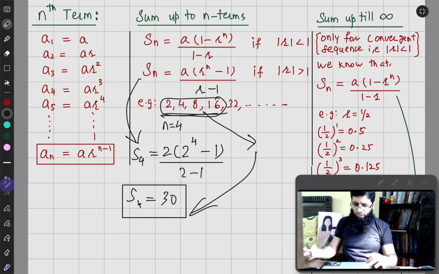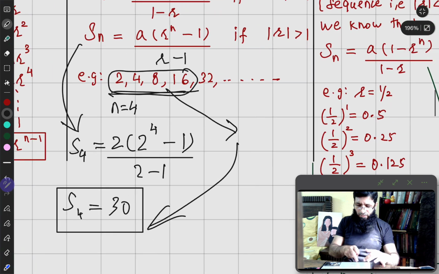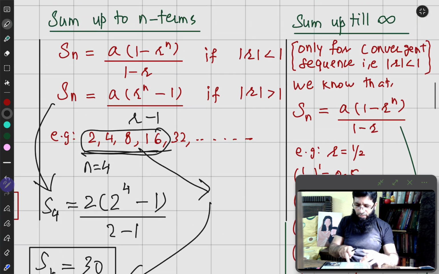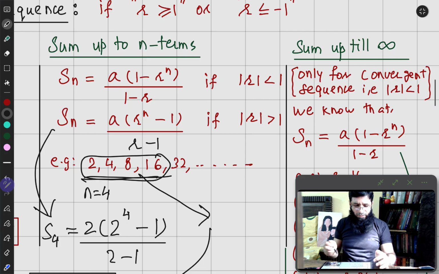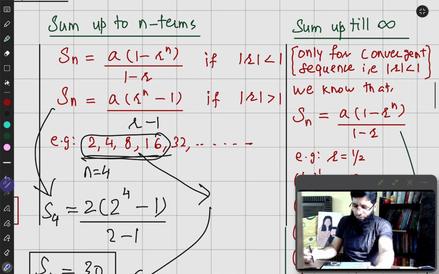Now we have the sum up till infinity, and it is only for the convergent sequence. You can see from here, the sum up till infinity is only for the convergent sequence, because in a divergent sequence, any term will be greater than the previous term, so you cannot have the sum up till infinity for a divergent sequence.